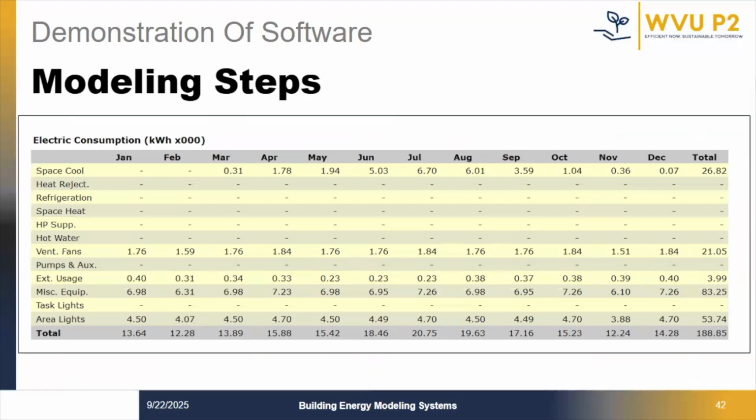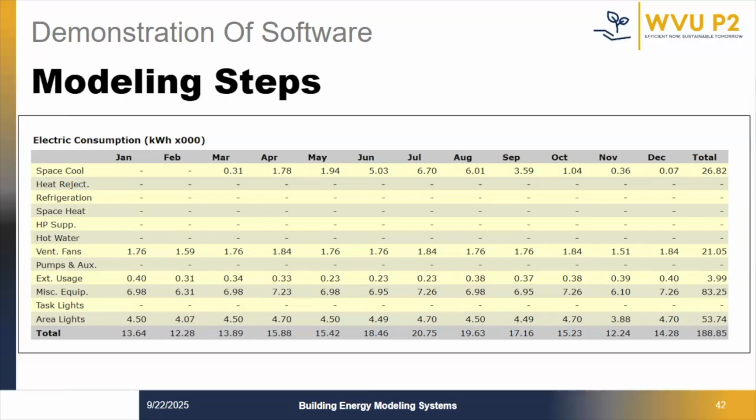Now, let's analyze this detailed electricity consumption data. The table reveals several important patterns. First, space cooling dominates summer loads, peaking at around 6,700 kilowatt hours in July. Second, notice the consistent baseload from ventilation fans at around 21,050 kilowatt hours annually, and miscellaneous equipment at around 83,250 kilowatt hours annually, which together account for around 55% of yearly energy consumption.